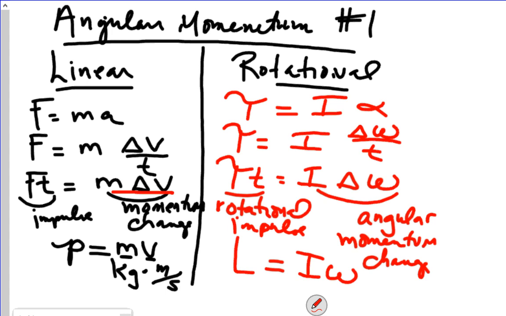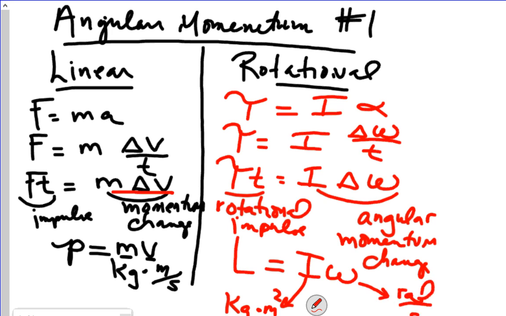In terms of the unit, let's consider what we have. Sorry, let me put this one over here. So inertia, we just did this one: kilograms meters squared, because it's mass times radius squared. This guy is going to be radians per second.